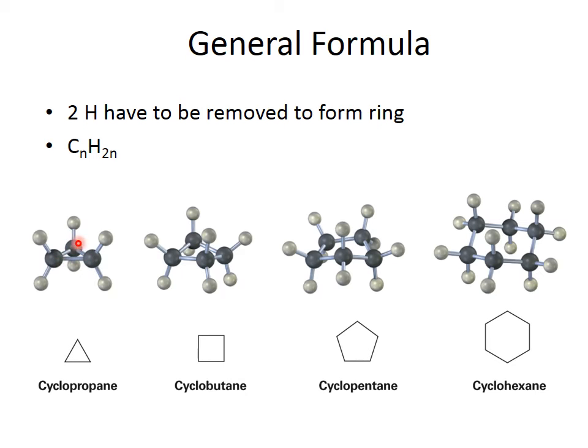Cyclopropane has 3 carbons in it and 6 hydrogens, and we just draw it as a triangle. Cyclobutane has 4 carbons in it and 8 hydrogens, and we draw it as a square. Cyclopentane, 5 and 10, and we draw it as a pentagon. And then cyclohexane is, of course, a hexagon.